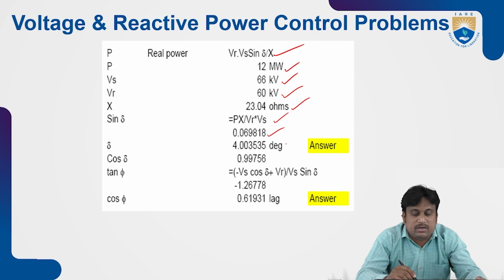So delta is 4.003 degrees, and cos delta becomes 0.997. So tan phi is minus (VS cos delta minus VR) by VS sin delta, which is about minus 1.26778. This is tan phi, and cos phi is 0.61931 lagging.